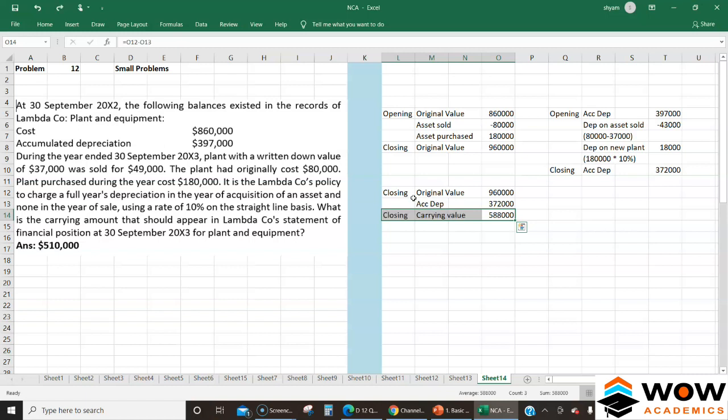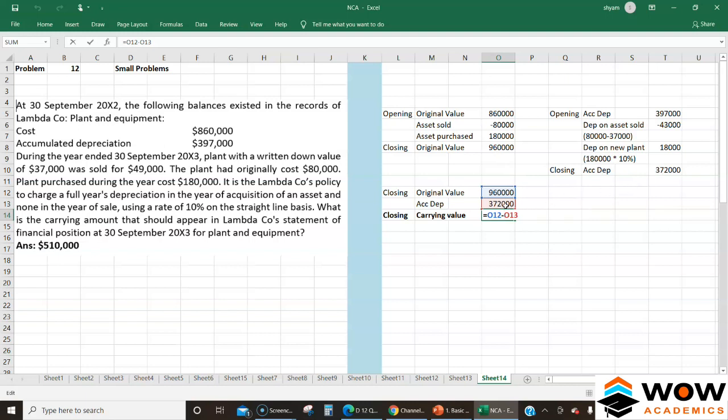We just have to check. The carrying value should be the closing original value minus the accumulated depreciation, 9,60,000 minus 3,72,000.